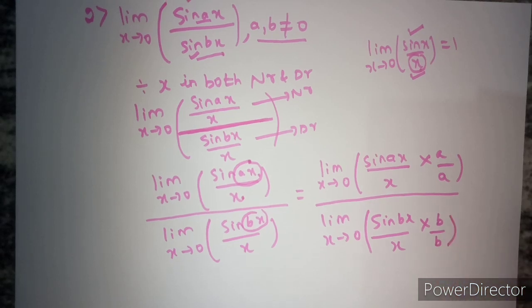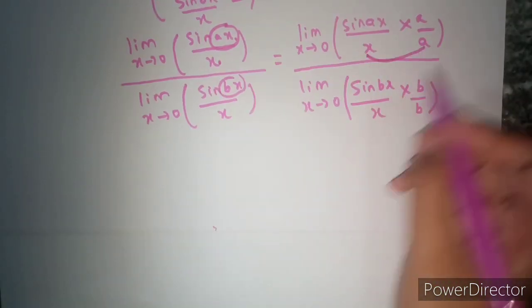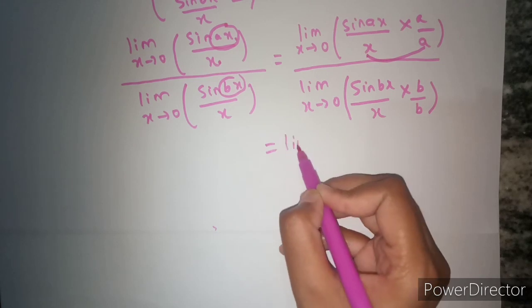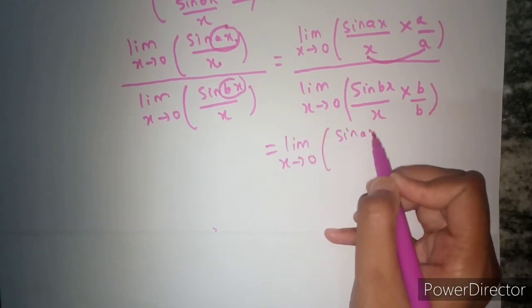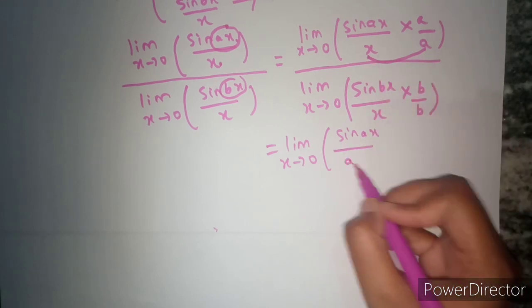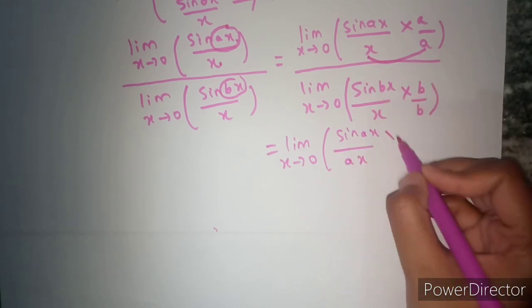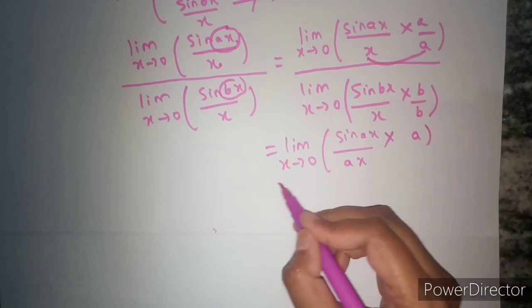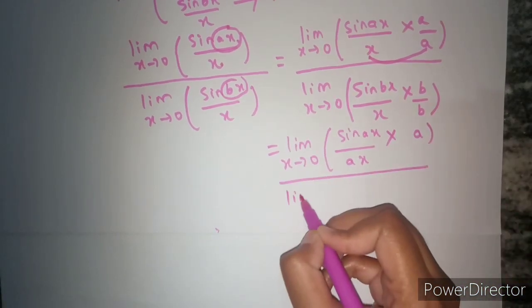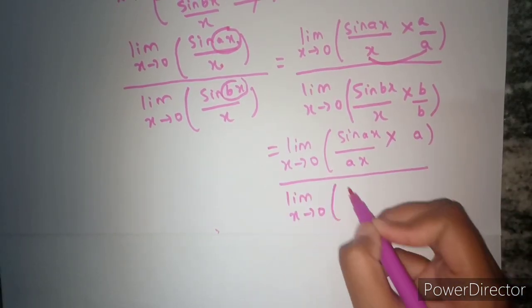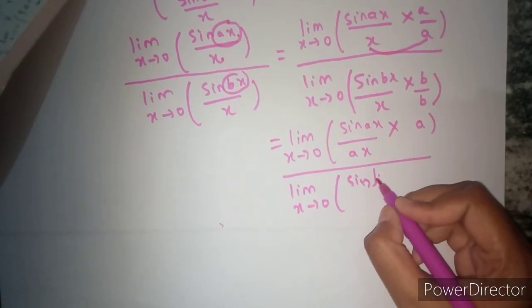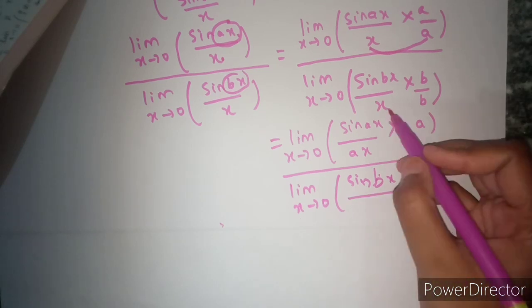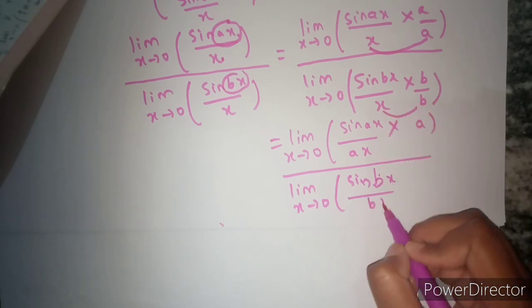Okay. Now multiply these two. It will become limit x tends to 0, sin ax by x into a, or a into x. So it will become ax with a remaining, divided by limit x tends to 0, sin bx by, multiply these two, it will become bx with b remaining.